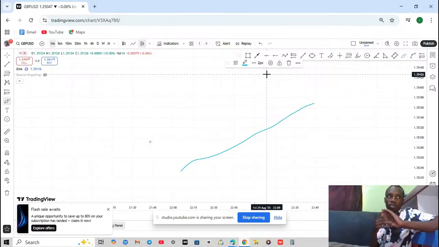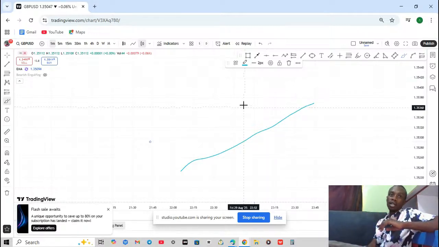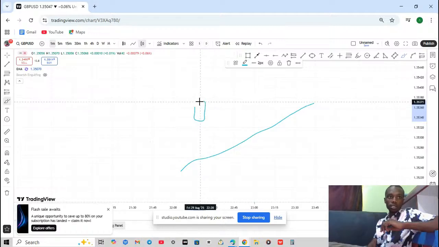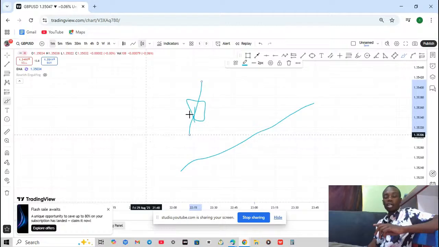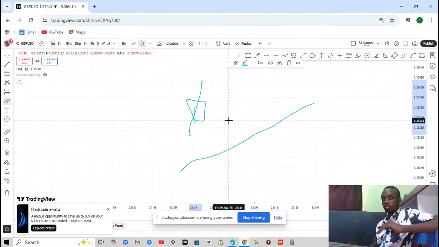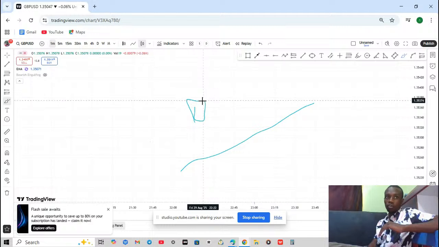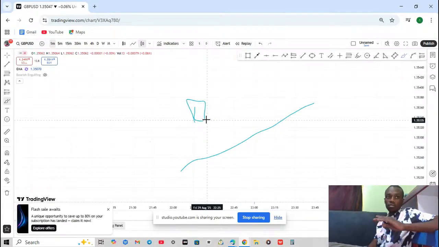In the 1 hour chart, you must look for three consecutive closes above the 50 exponential moving average for you to look for long opportunities, I mean buying opportunities. So that's the first condition.